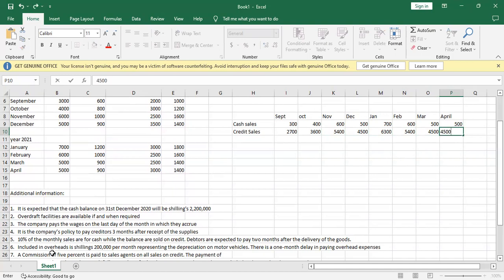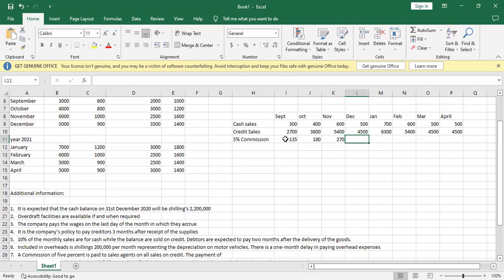Number 7 is saying a commission of 5%. So I'll be getting 5% commission out of this. I want you to get me the figures. So 5% here is 135. 5% of 3,600, I'm getting 180. 5%, 270. 5%, 225.